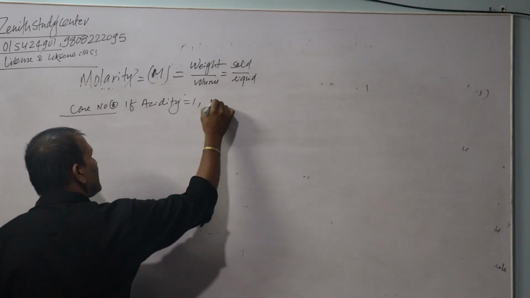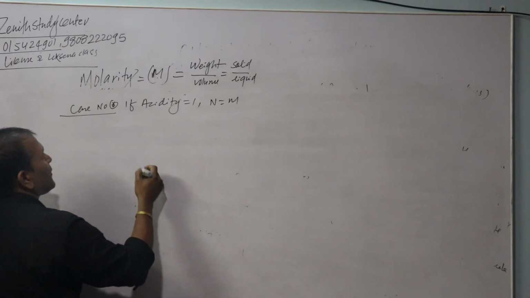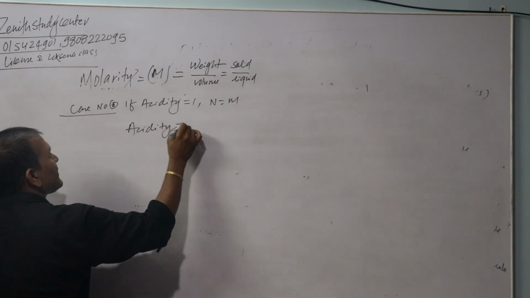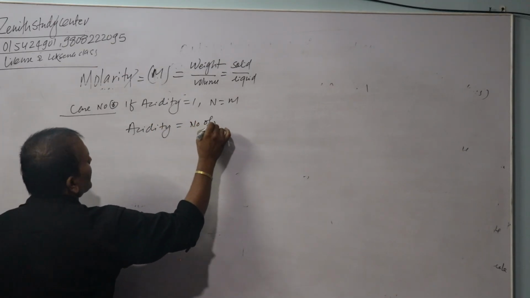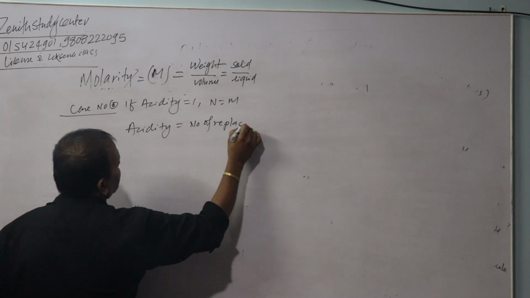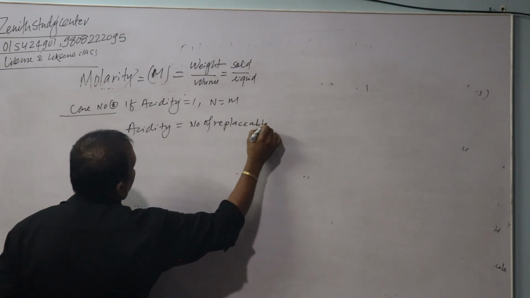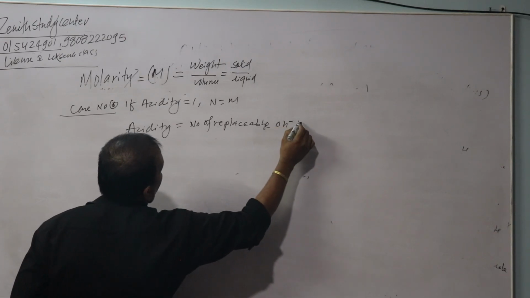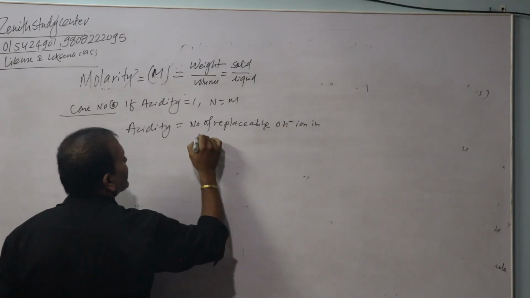So at that condition, normality is equal to molarity. What is the acidity? Acidity means the number of replaceable OH ions in a base.